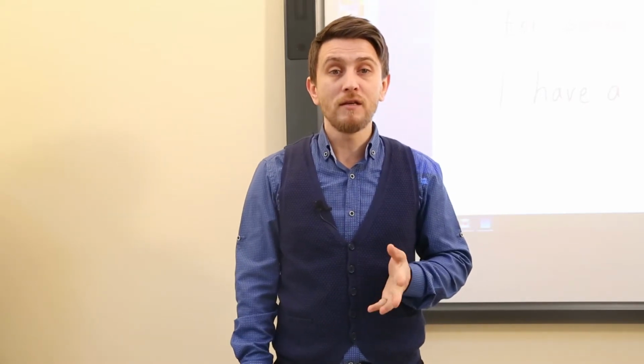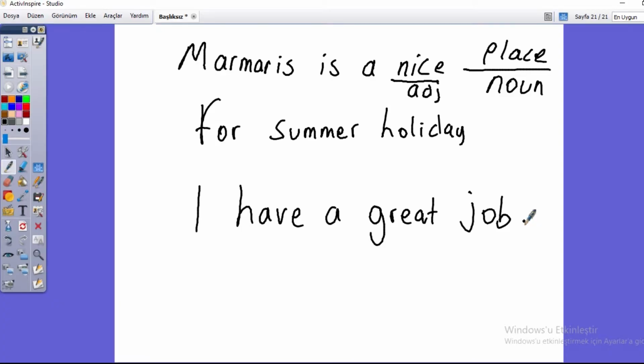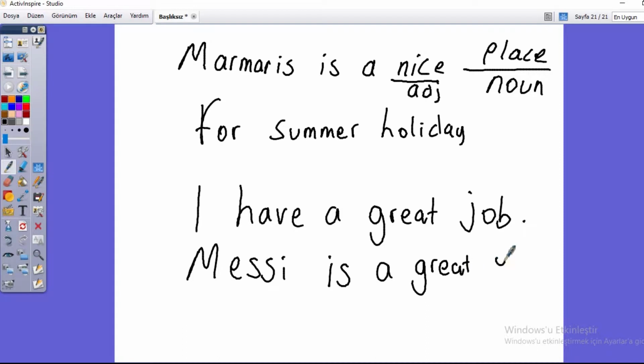Lionel Messi is a great, or we can say fantastic, football player, or we can say footballer.